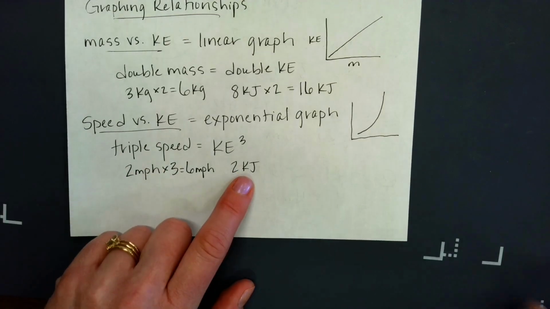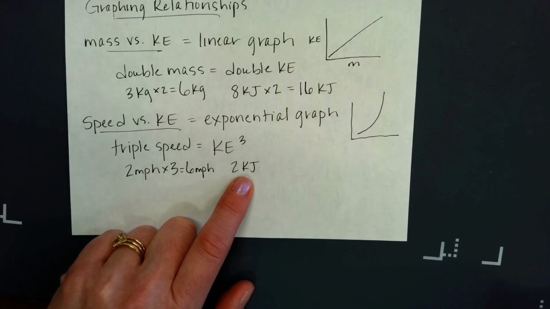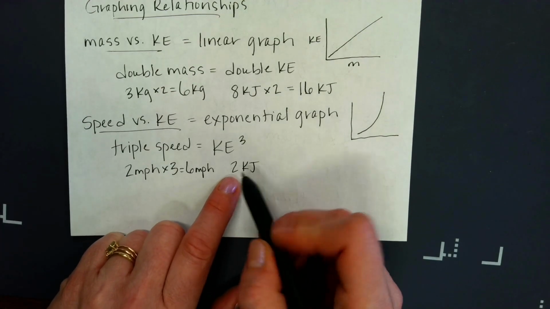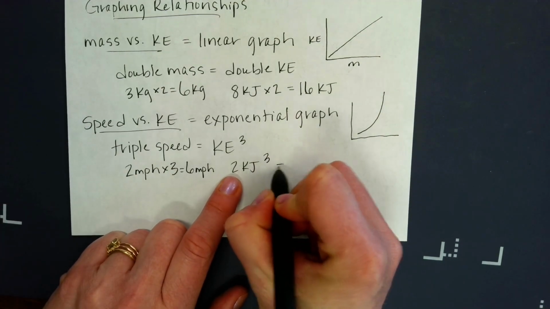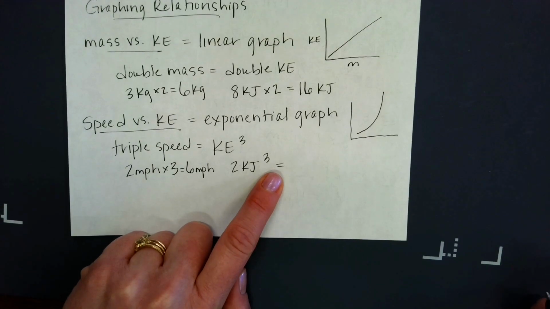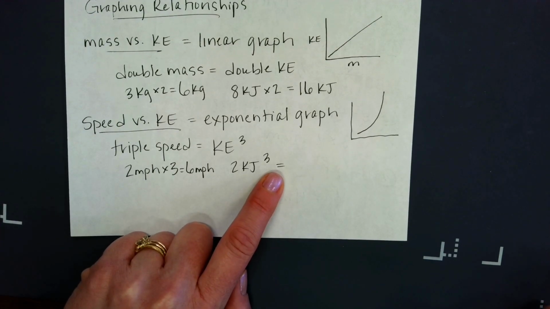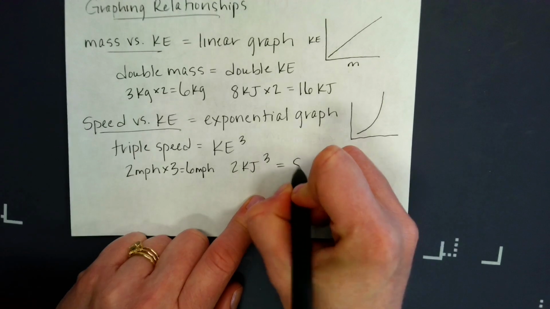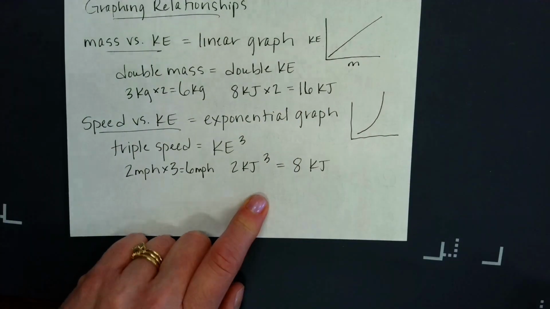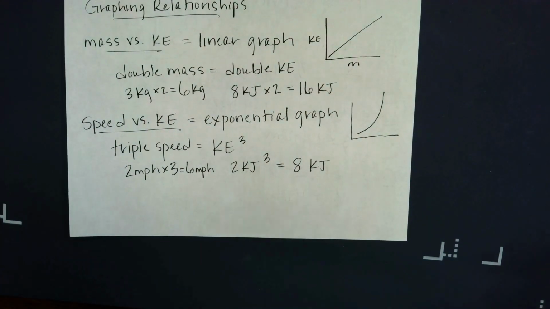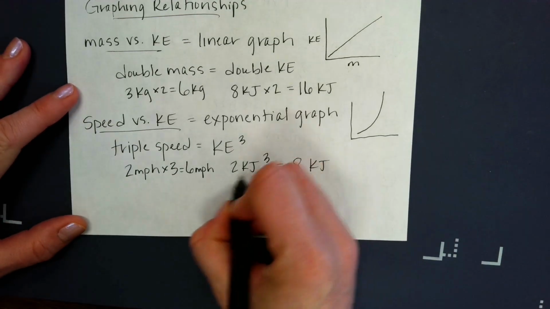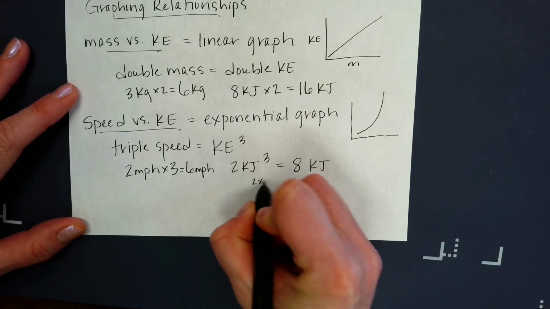But what would happen to my energy? I would take 2 to the third. What's 2 to the third? Tricky, tricky. Nope. 2 times 2 is 4. Times 2 is 8. Okay? And that can be calculator work. It totally can be, okay? So remember, 2 to the third means you're taking 2 times 2 times 2.